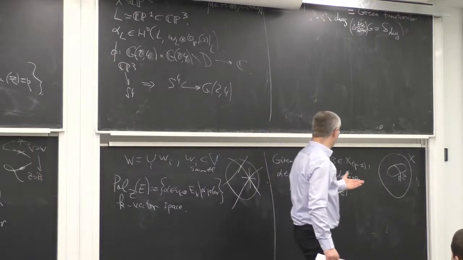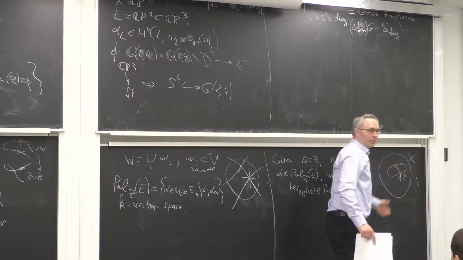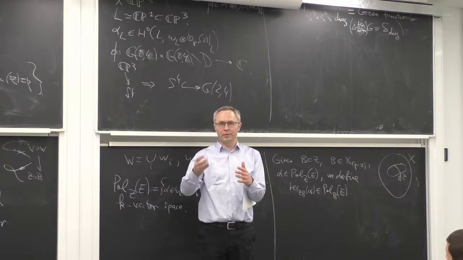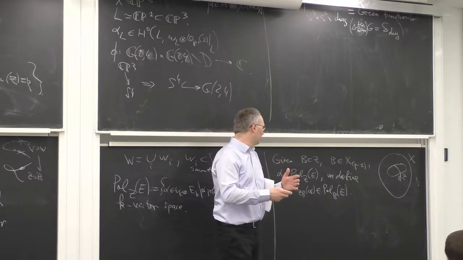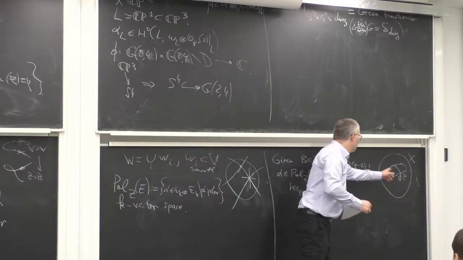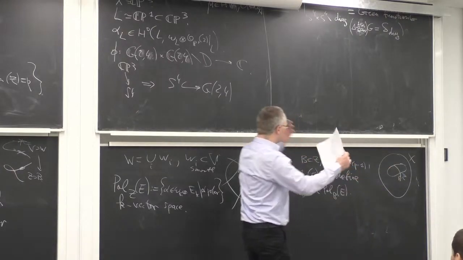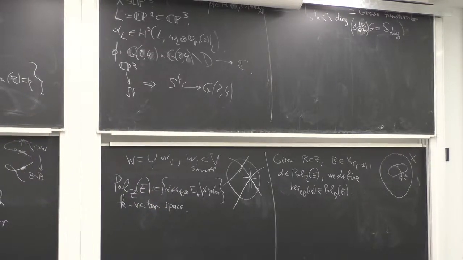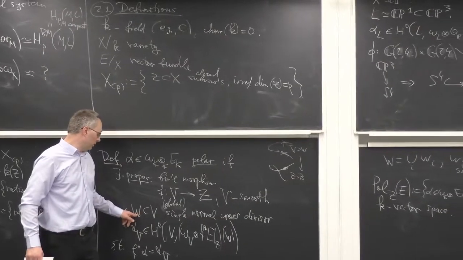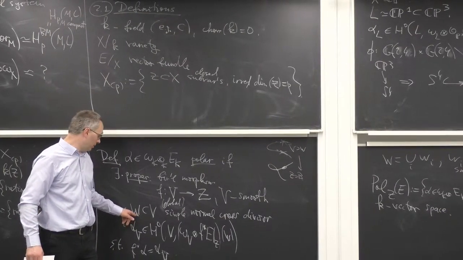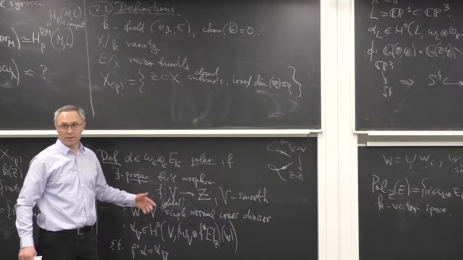Why? Because well, you want to define a residue to B. I defined how to do it if you have some smooth divisor W on smooth V. But well, you can desingularize everything and get that the preimage of B will be in good position with respect to this W. It will be either a component of W or it will be transverse to W. And if it is a component of W, then up here you can define a residue as I did.